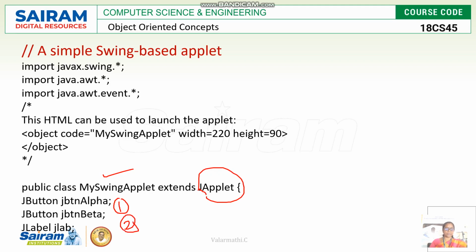These 2 objects should be created with the class called JButton. JButton, JLabel, JComboBox, and JTextField are some of the components available in the JComponent root class. As you know, JComponent is the root class for the different varieties of components. So JButton is one of the components, and JLabel is one of the components.